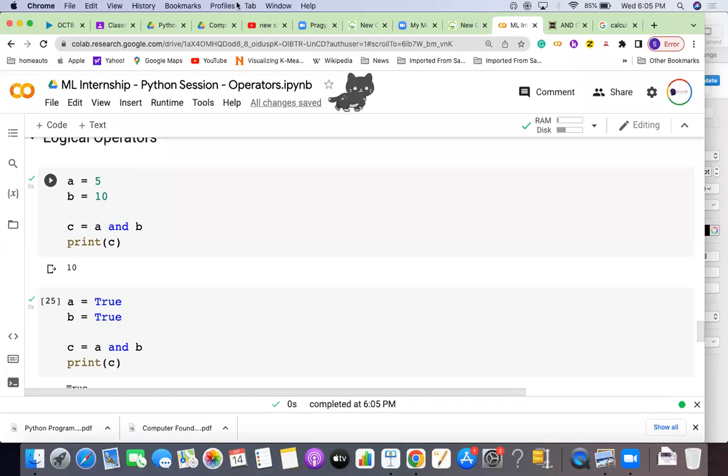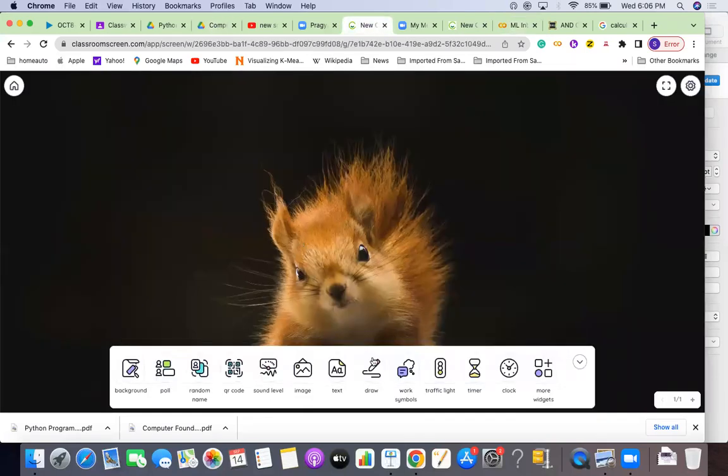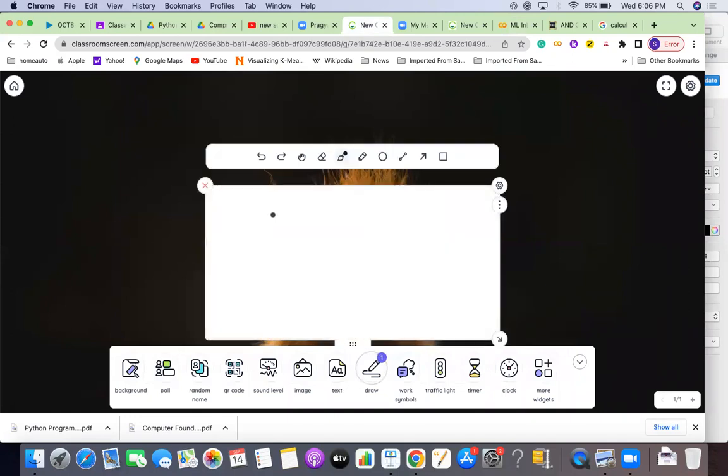Okay. So how does this operate? This operates somewhat differently. You are saying A is equal to 5. 5 is true, correct? Any value greater than 0 is true. B is 10, which is also greater than 0, so that's also true. Now true and true, so the result is true. But what you are given is an integer, so the output should also be an integer.